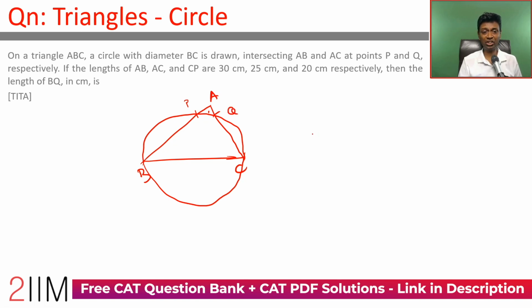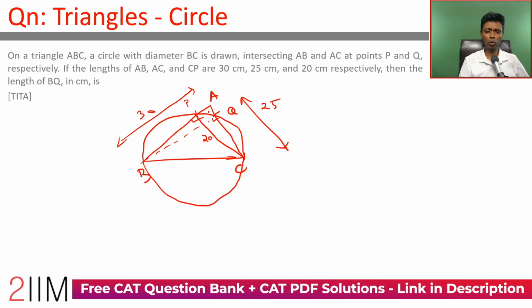AB is 30, AC is 25, CP is 20. And then the length BQ in centimeters is, we need to find BQ. Key thing here, this is a semicircle, so this should be 90 degrees, this should be 90 degrees.